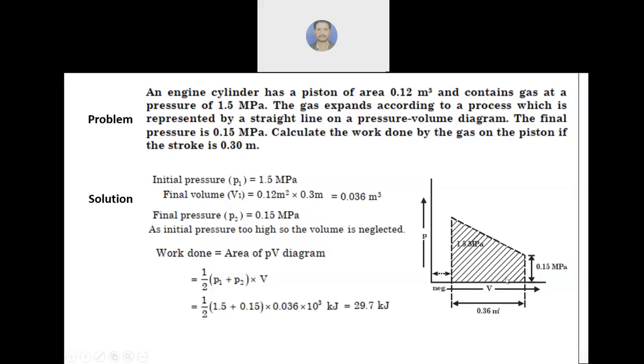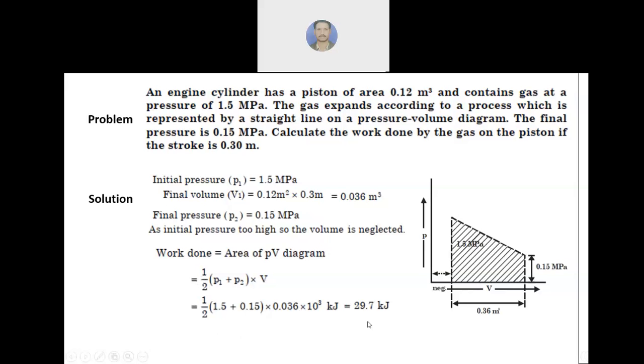So you take the average of the initial and final pressure, and multiply by the volume.